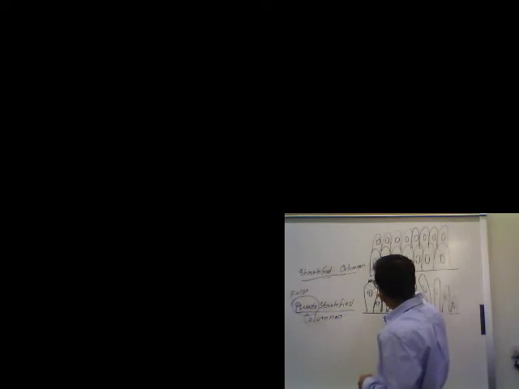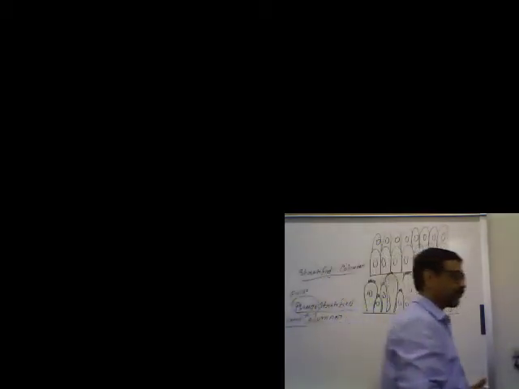Now, in most cases, in pseudostratified columnar, cells have cilia, soft hair-like structures on the apical end or upper end. You will see cilia. That's why it is also called pseudostratified ciliated columnar because of cilia.